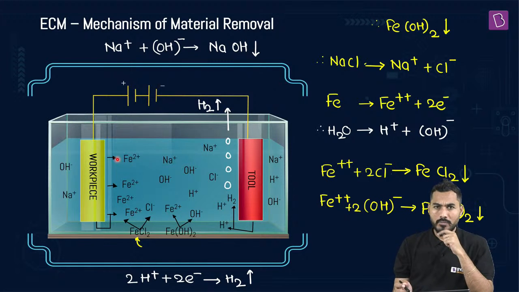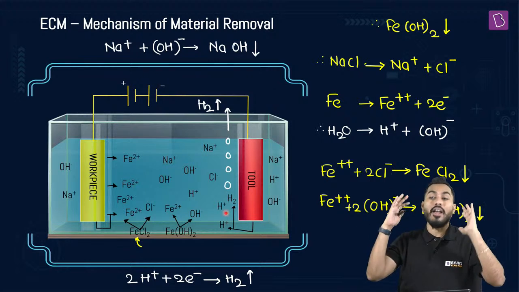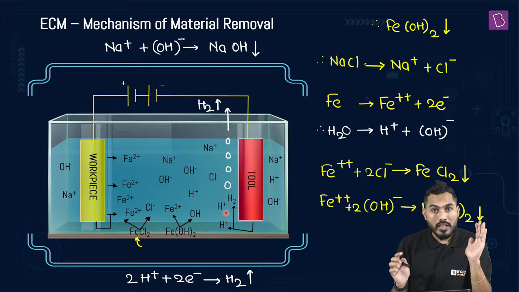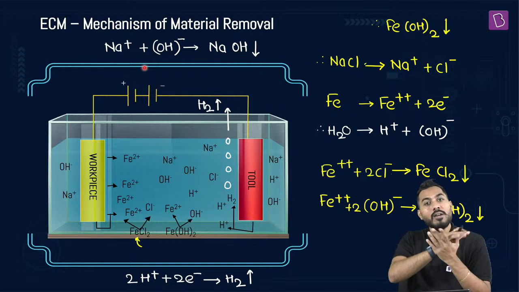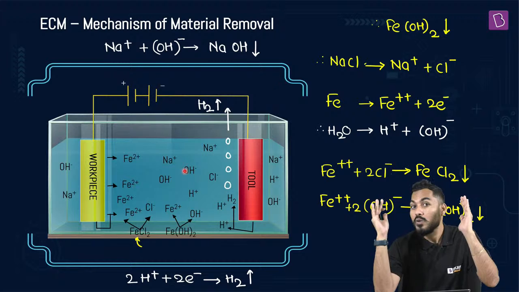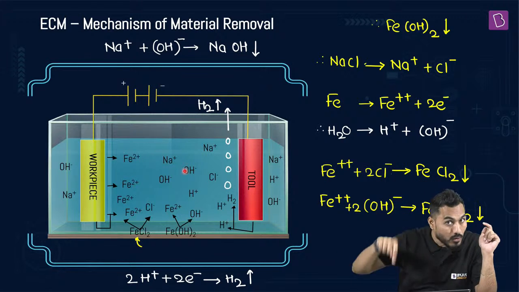Now in the second case, if the conductivity of the electrolytic solution is very high, now you tell me what will happen. If the conductivity is very high, naturally the electrical circuit will get completed quickly. The time required for flowing the current through the gap between tool and the workpiece will be less. So time required to complete the electrical circuit will also be less.